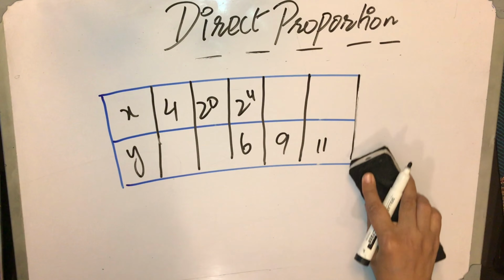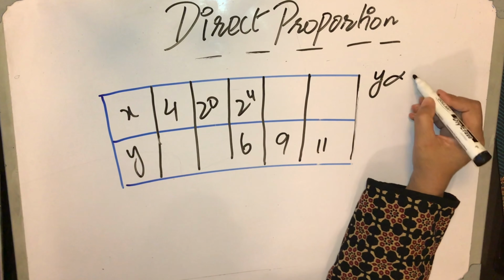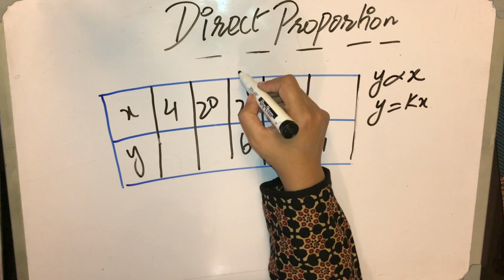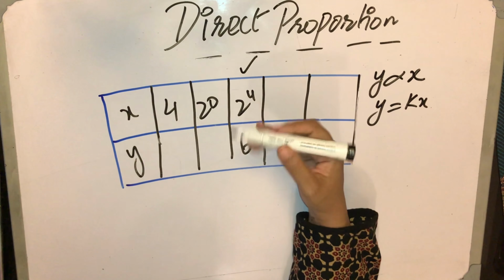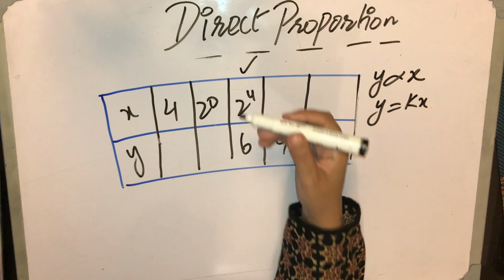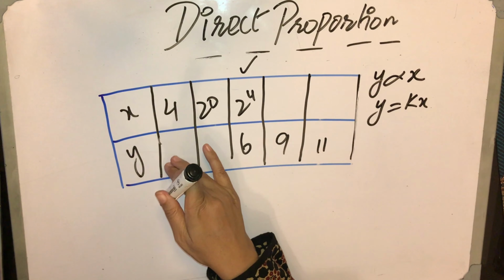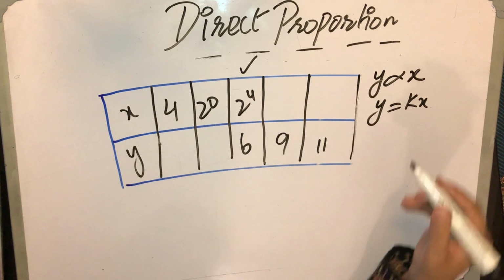In the start of the question, it is written that y is directly proportional to x. Y is directly proportional to x means y equals kx. Now this relation will use the values of both as given. So from here we can have k, and when we have k, we can use the value of k to find y here with these x's, and find x here with these y's.